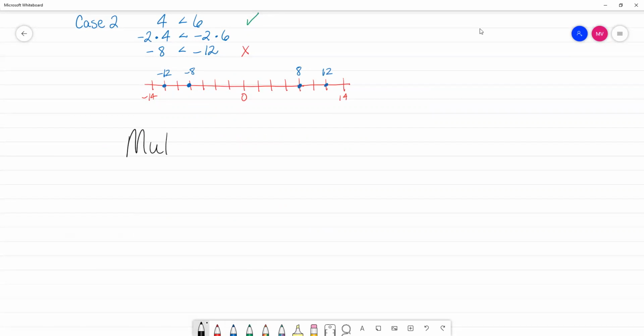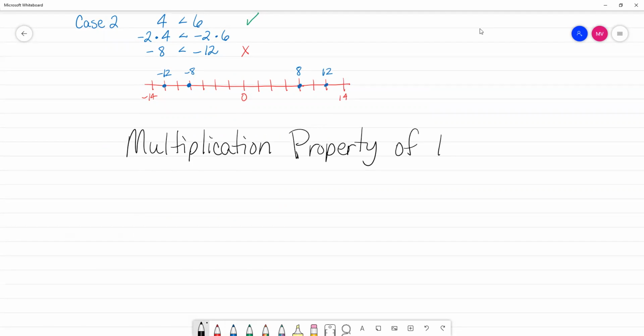First, you have your multiplication property of inequality.